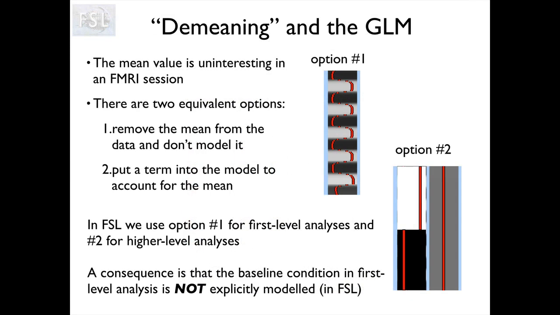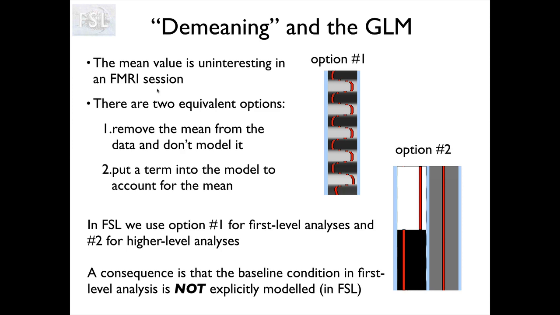Right, so this particular slide is for people who come from SPM to FSL. So I started out in SPM myself, nothing wrong with that. But a confusing thing when you go from SPM to FSL is that there is no constant in the model. So in SPM, you will have a constant in the model, and that's just modeling the average of the time series over time. And we don't do that in FSL, and there are simply two equivalent options.